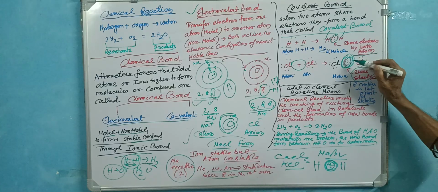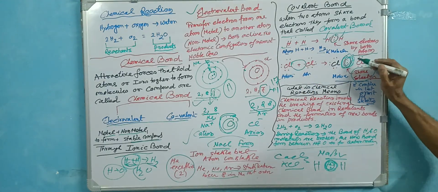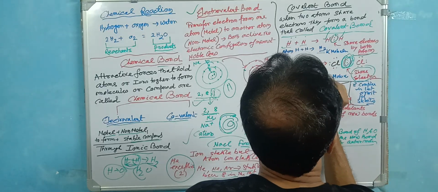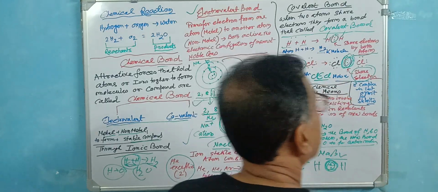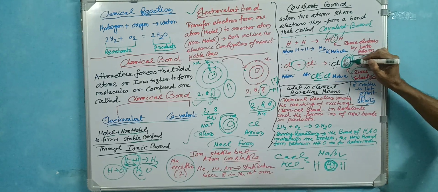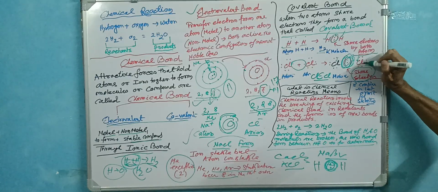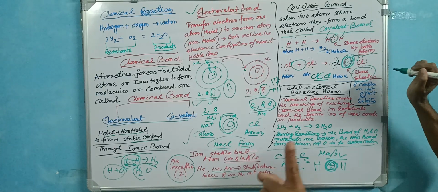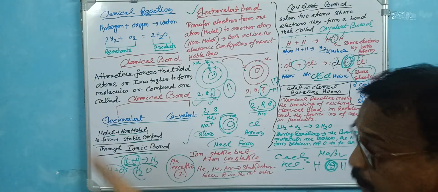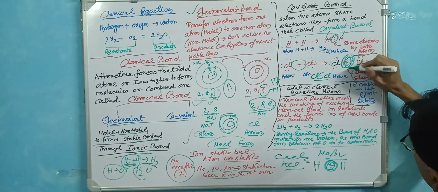So here, how many are shared? From here one, from here one is shared, so actually I write here Cl bond, single bond, one electron each has been given, so this pair is actually shared by both this atom and this atom, and these are their own. So total, each atom has 8 electrons in the last orbit, so this is 2, this is 2, this is 2 and this is 2, it becomes 8 electrons.